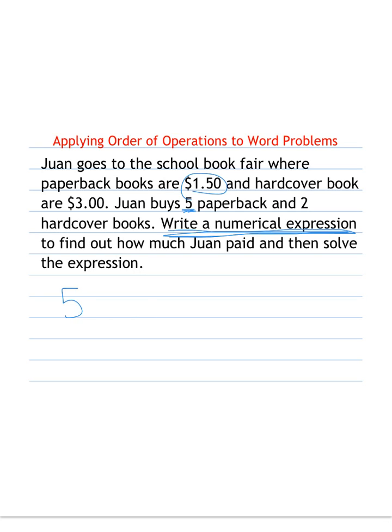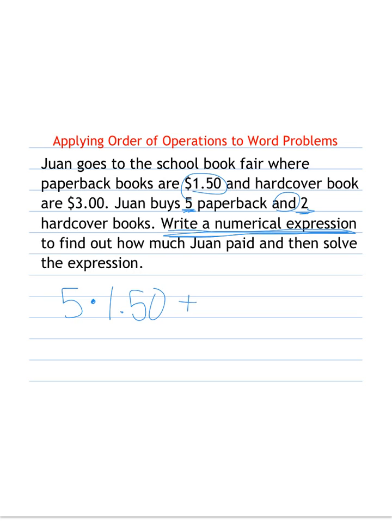Now I know in order to figure out how much they cost, if he's buying 5 of them, I'm basically adding $1.50 5 times over, or I am multiplying 5 times $1.50. And we are adding.